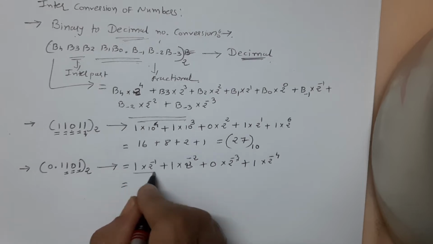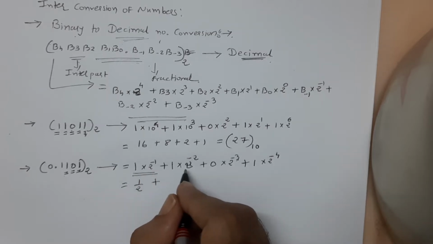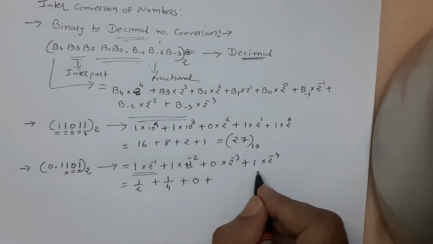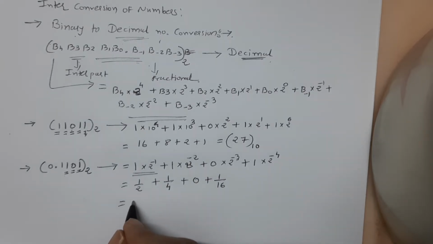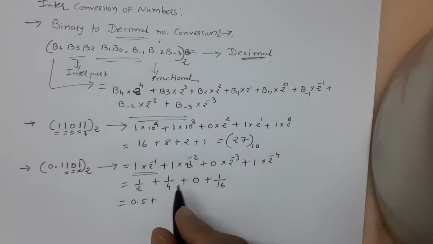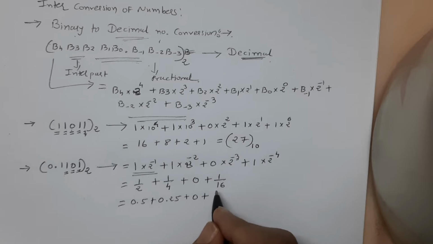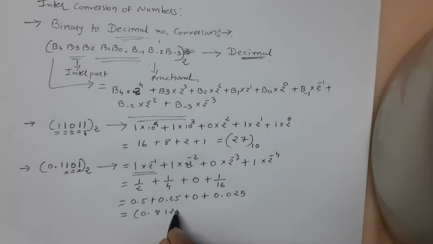This is equal to 1 into 2 raised to minus 1, that means 1/2, plus 2 raised to minus 2, that means 1/4, plus 0, plus 1 into 2 raised to minus 4, that means 1/16. So 1/2 means 0.5 plus 1/4 means 0.25 plus 0 plus 1/16 means 0.0625. So this is your decimal number, 0.8125.